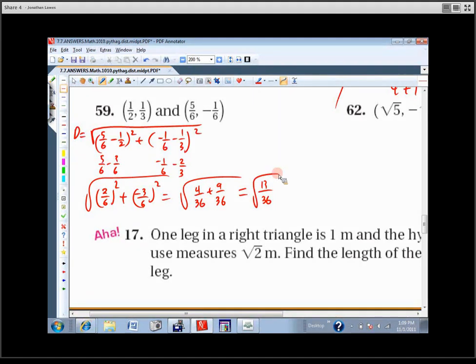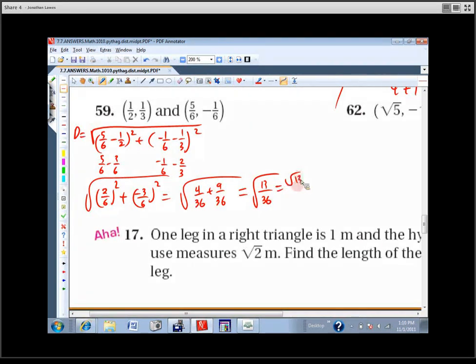13 over 36. Now, can somebody tell me something nice about that? What's that? They already had a common denominator. That's good. I still need to simplify the radical, right? We don't want to leave a radical, or excuse me, a fraction underneath the radical.